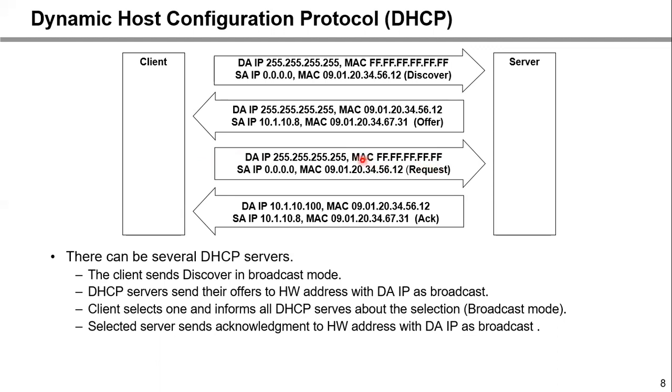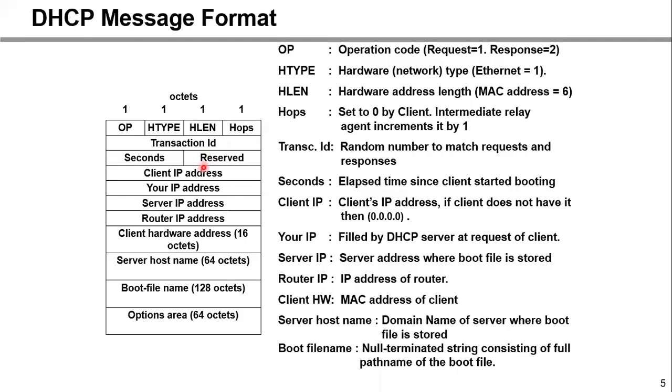Now, at the time of accepting or rejecting, you are changing these values. If you are accepting, you can mention these values, or if you are rejecting, you can mention the broadcast IP address. Here again, the source IP address is not copied. Let's say your IP address mentioned here is 10.1.10.10.